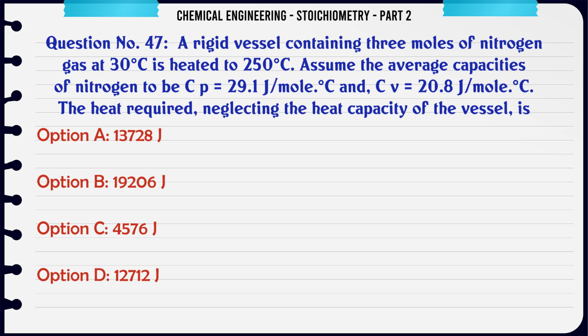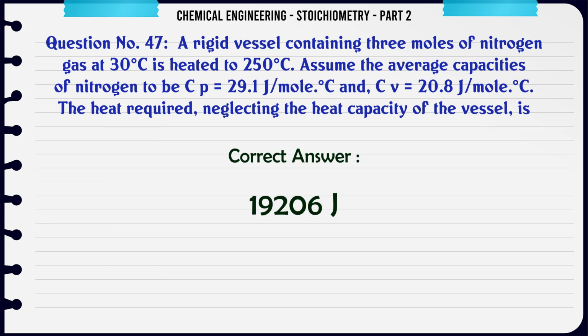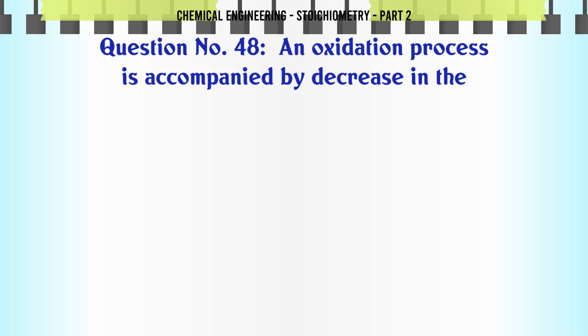The heat required, neglecting the heat capacity of the vessel, is A. 13,728 J, B. 19,206 J, C. 4,576 J, D. 12,712 J. The correct answer is 19,206 J.